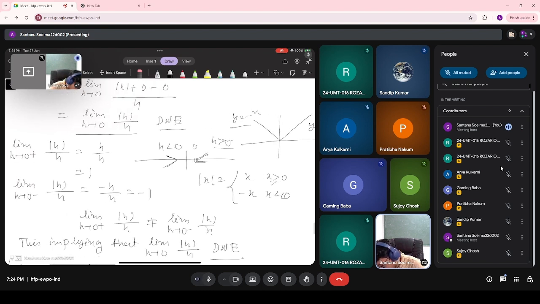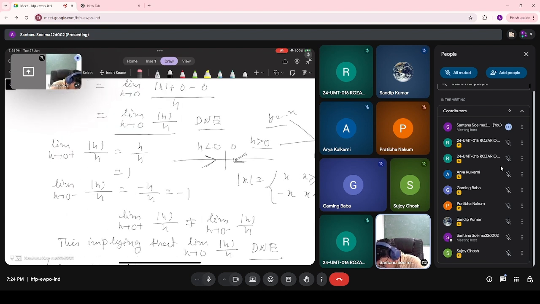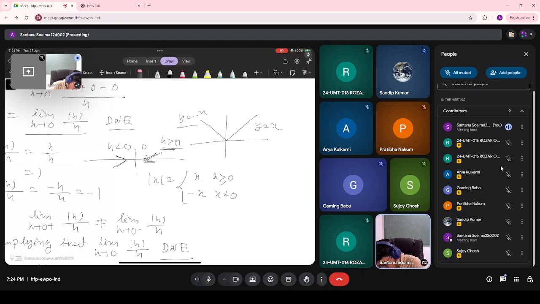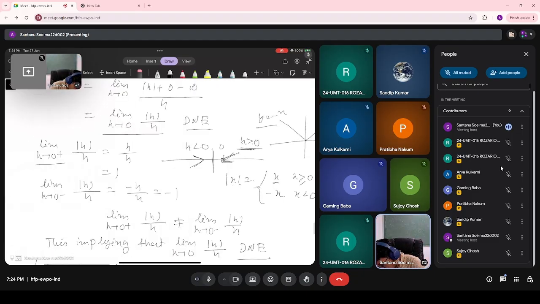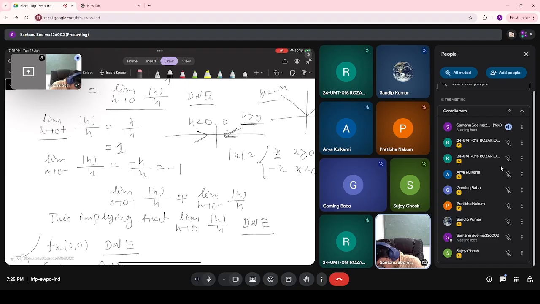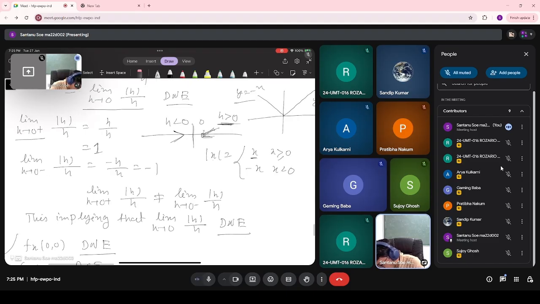Now here, if you take the right hand limit, which is h tends to 0 plus, that means you are approaching from the right side. Now since this is 0, the left side is negative, the right side is positive. So h is positive, which means mod of h will be simply h. That's why I have replaced mod of h by h. Now h and h get cancelled out, and you are left with only 1. Similarly, if you take h tends to 0 negative, that means h is less than 0.